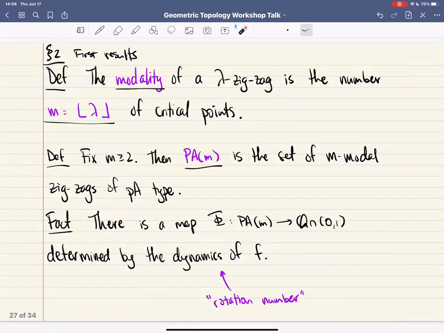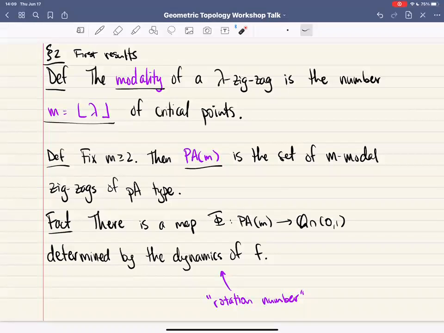So before we can state our first result, we need a few more quick pieces of information. The modality of a zigzag map, or just of an interval map in general, is the number of critical points. For a zigzag map, that number is always equal to the floor of the slope.